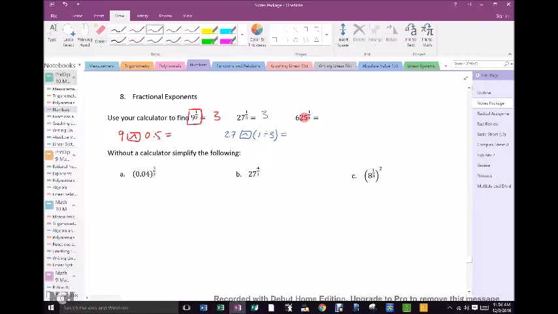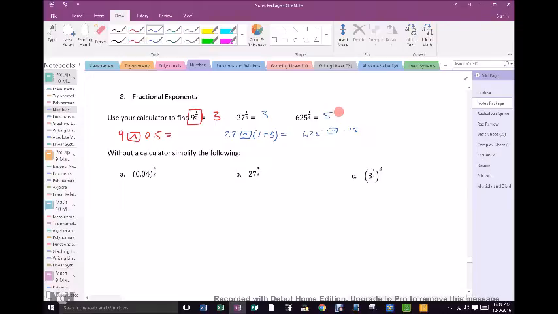Lovely. For this one, you can do 625 exponent button 0.25, and tell me what you get. 5.